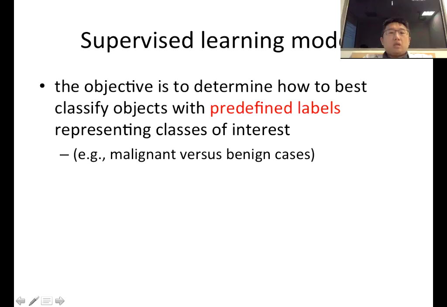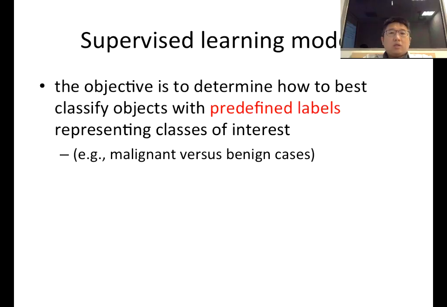Here, the most important thing is that you already have some knowledge. You already have the knowledge about what is called malignant and what is called benign. So you already know something.